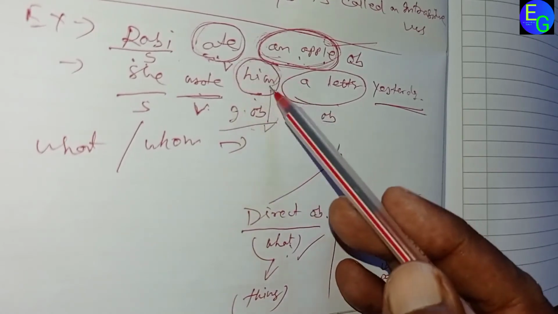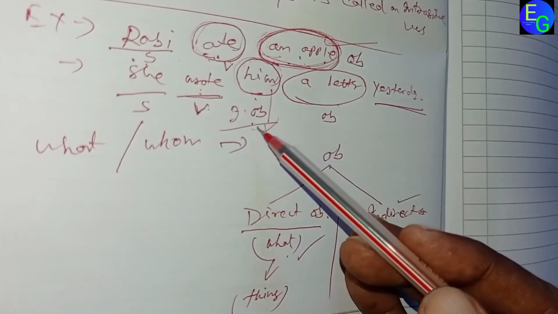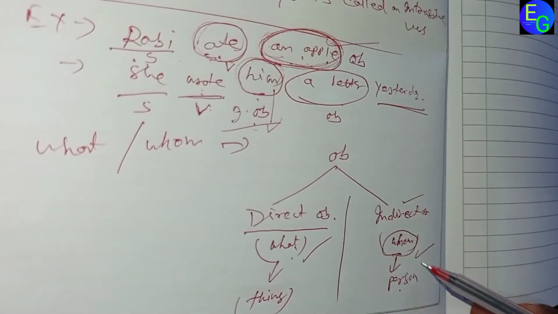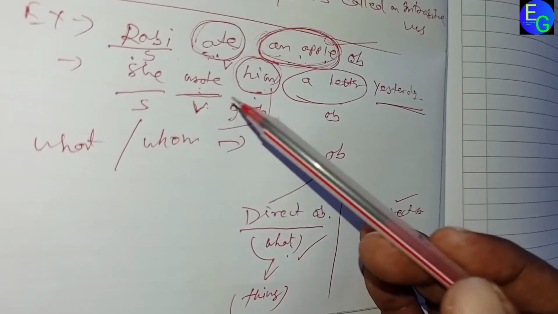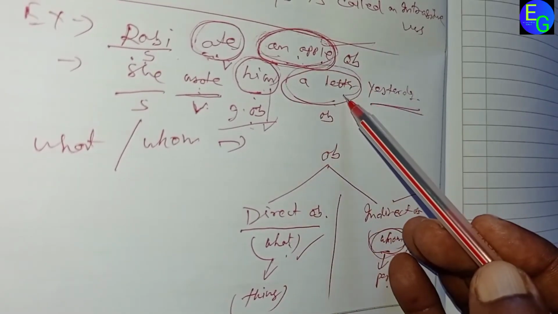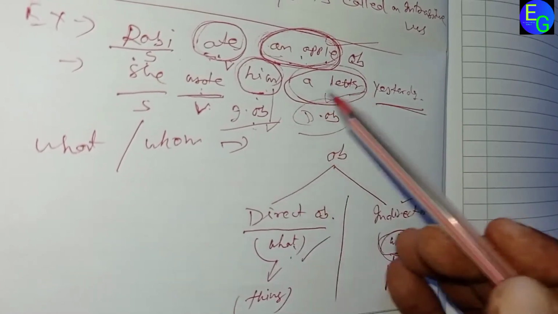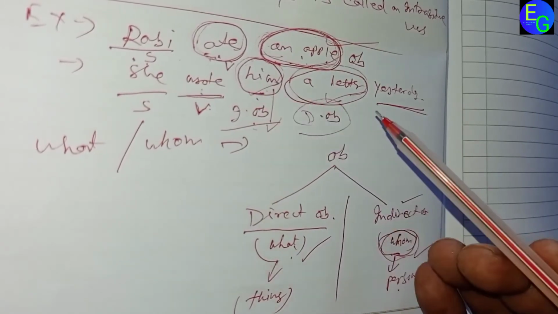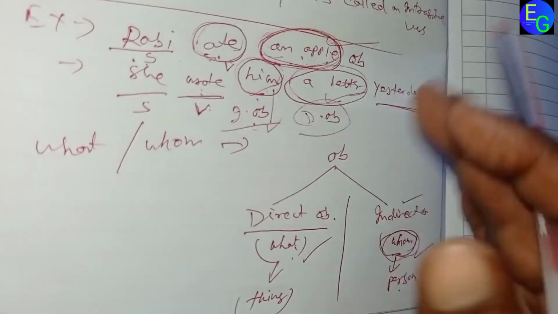If any word refers to a person after a verb, that must be the object, but that is an indirect object, because it refers to a person. She wrote what? The answer is a letter. So this is a direct object because it is a thing. Here it is a person. Okay, very clear.